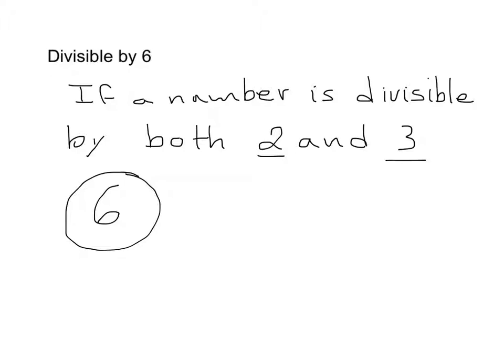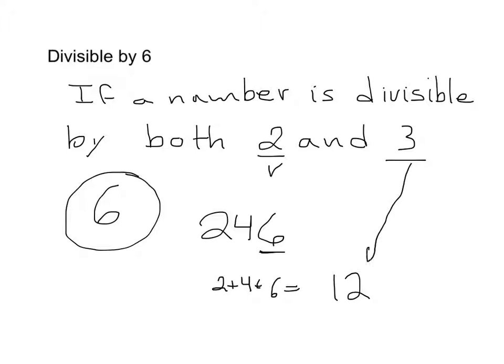So for example, the number 246. Knowing that the 6 is an even number, you automatically know that it's divisible by 2. And when we looked at the divisibility rule for 3, we know that if you add up all of the digits, 2 plus 4 plus 6, that equals 12, and 12 is divisible by 3.